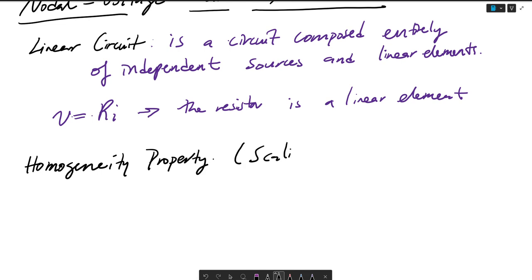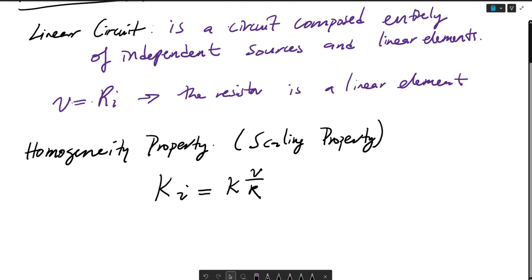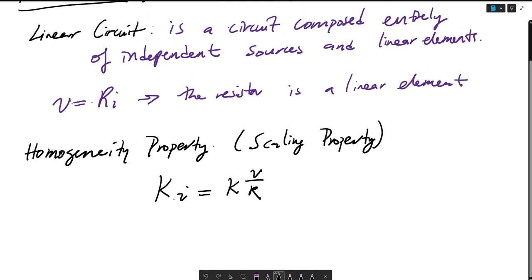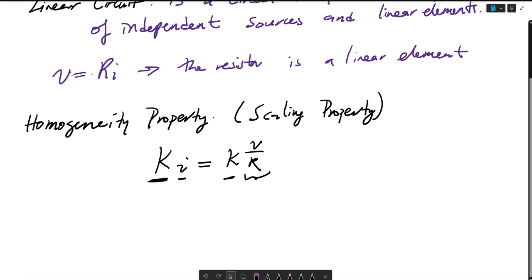This is also called the scaling property, which says that if I have a K and I multiply it by I, this should equal K times V over R. So if I'm given a current, no matter how big a number K is, I get the same value if I multiply that K by V over R.